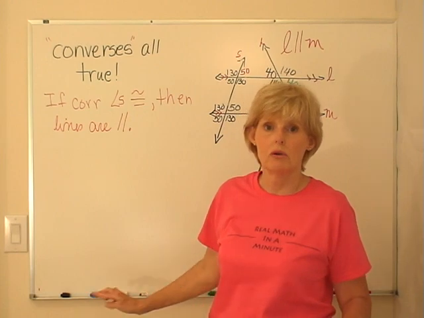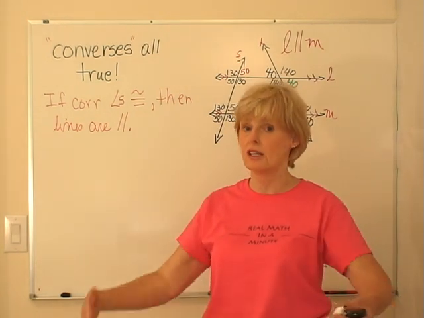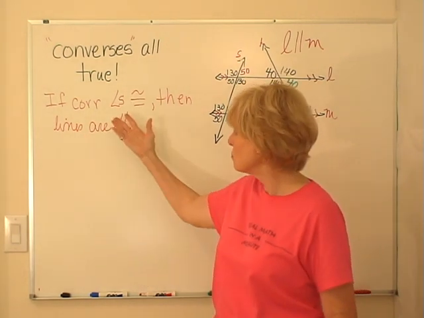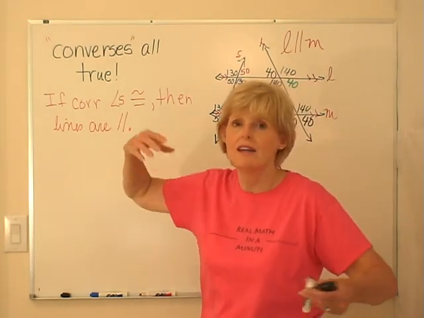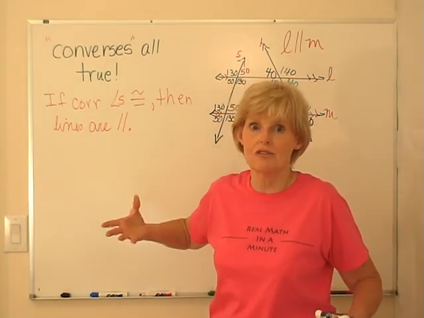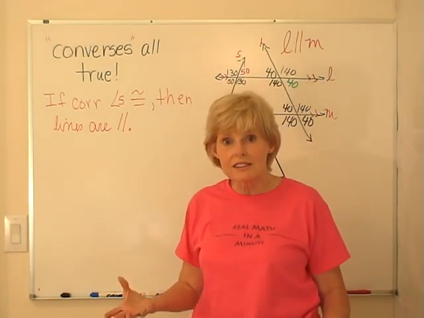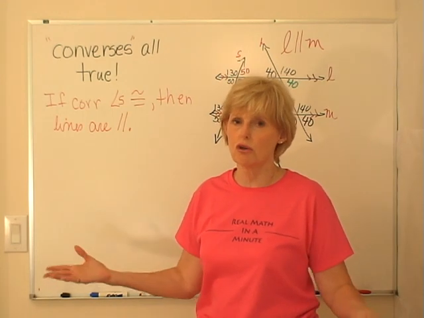Well, no. What we just did was the converse. We had a postulate given to us that said, if two lines are parallel, then the corresponding angles are congruent. And that was wonderful. And this one says, hey, this is even better. We can take the converse and it's still true. We can say if corresponding angles are congruent, flip, then the lines are automatically parallel, and that's so good to know.